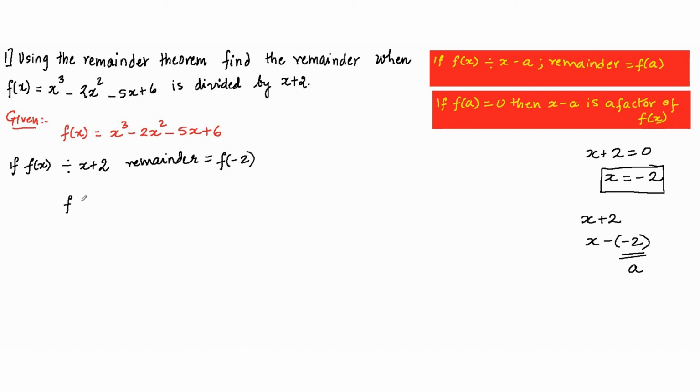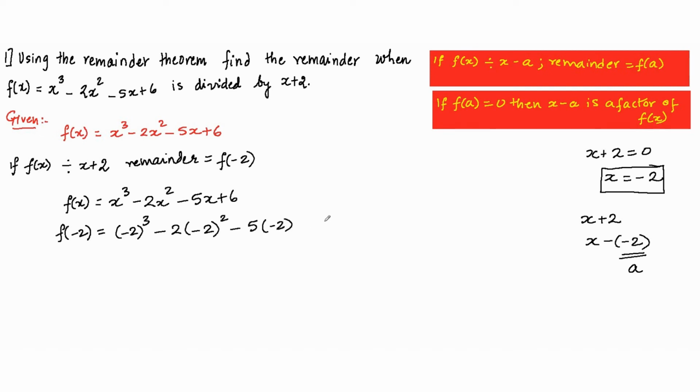Now f of x is given by x cube minus 2x square minus 5x plus 6. So f of minus 2 will therefore be minus 2 the whole cube minus 2 into minus 2 the whole square minus 5 into minus 2 plus 6.